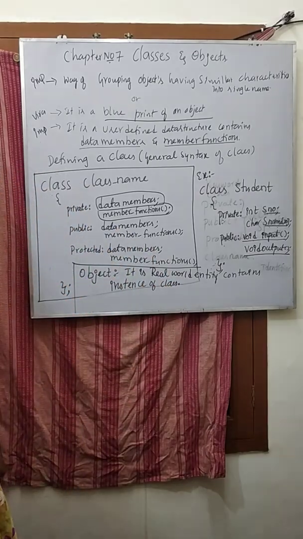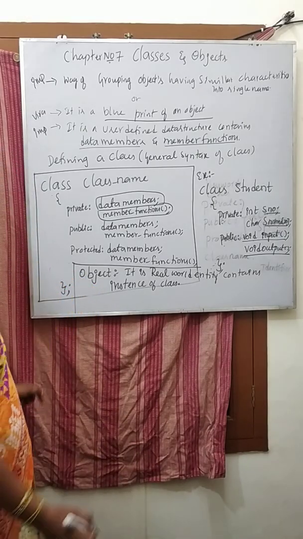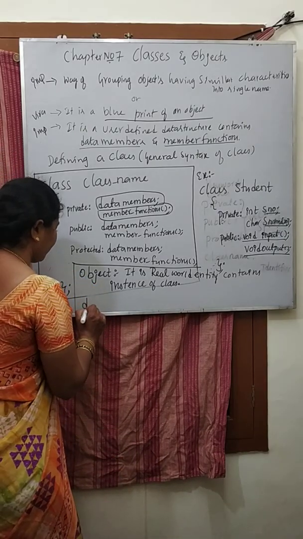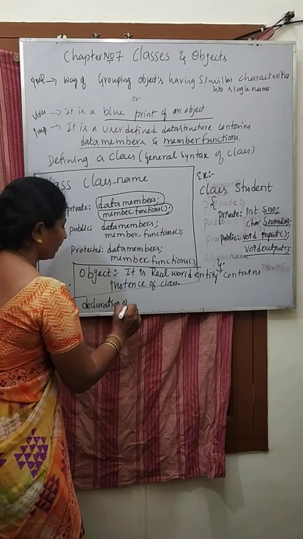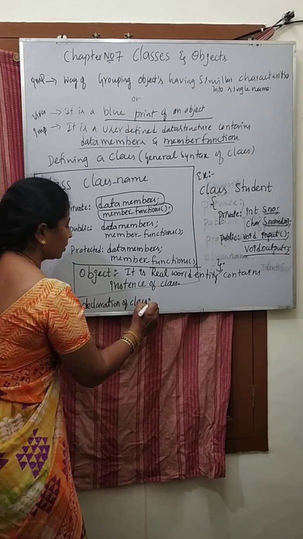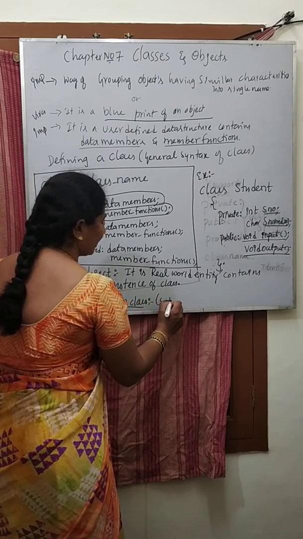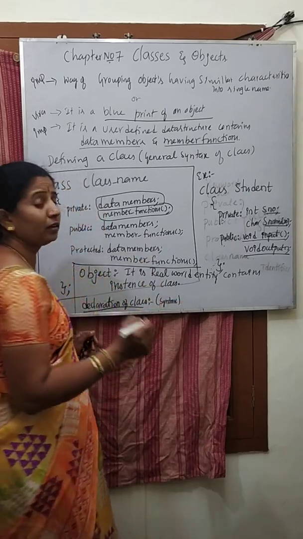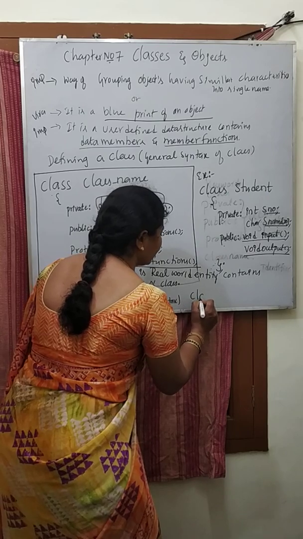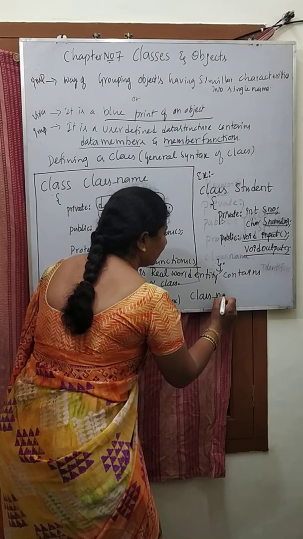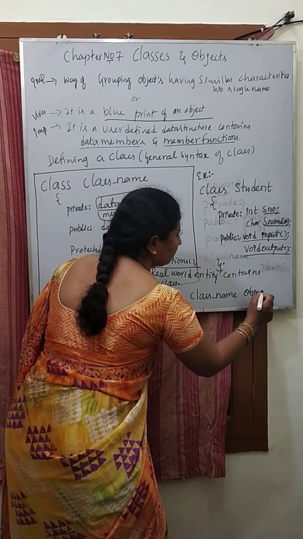What is an object? An object is a real world entity that contains an instance of a class. We call this the declaration of the class, or the general syntax of your object, or creation of your object. How do we create the object? An object is created with the class name followed by the object name.